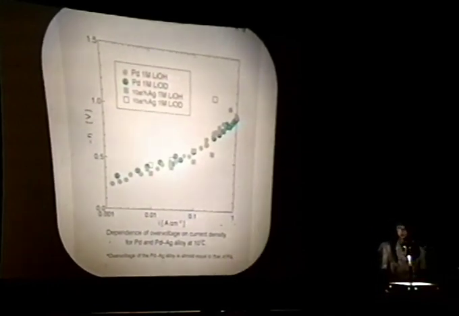Next figure shows dependence of overvoltage on current density for palladium and palladium silver alloy at 10 degrees C. Overvoltage of the palladium silver alloy is almost equal to that of palladium.